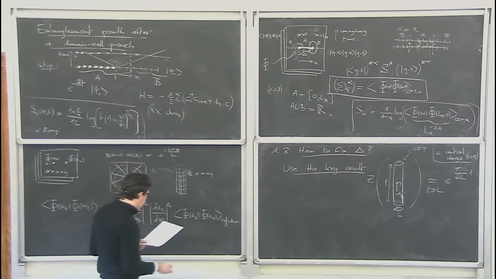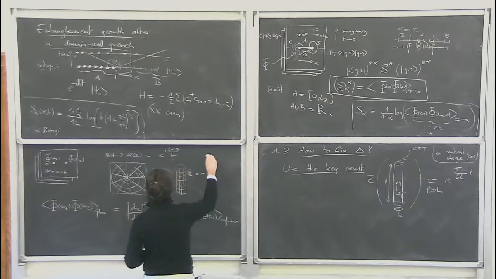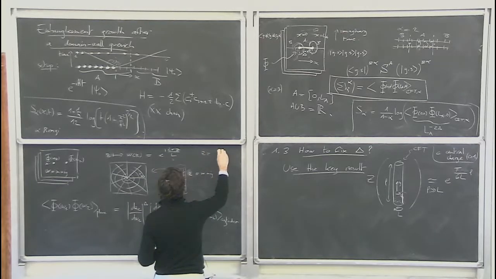And now, okay, so what I'm going to do, so z then is L over 2 pi i log W.